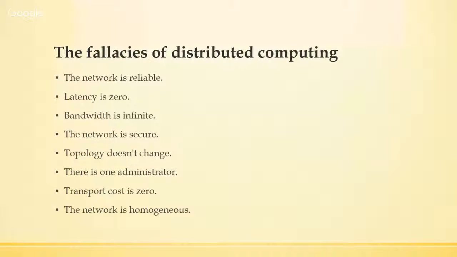It's to do with what people assume when they're dealing with network systems or distributed systems. People assume that the network is reliable, that latency is zero, bandwidth is infinite, the network is secure, topology doesn't change, there's one administrator, transport cost is zero, and the network is homogeneous. And it's not the case.